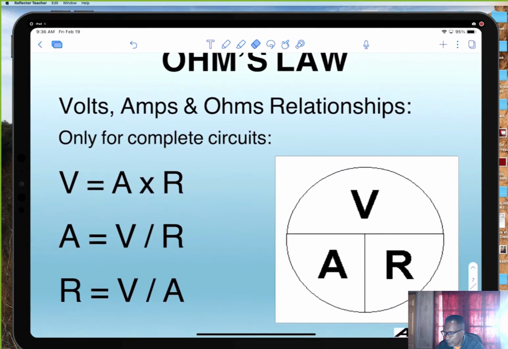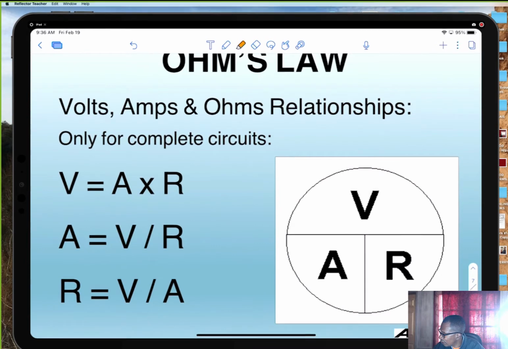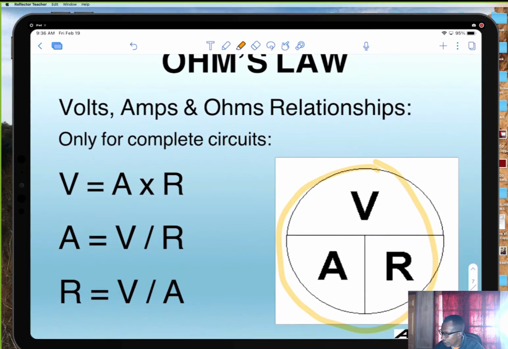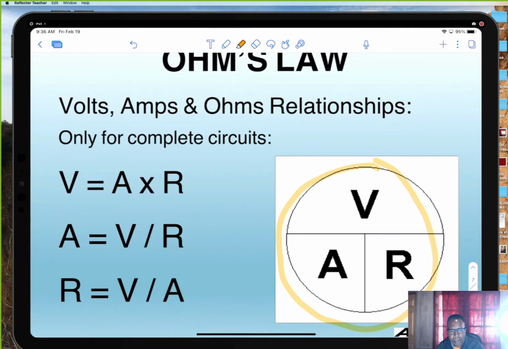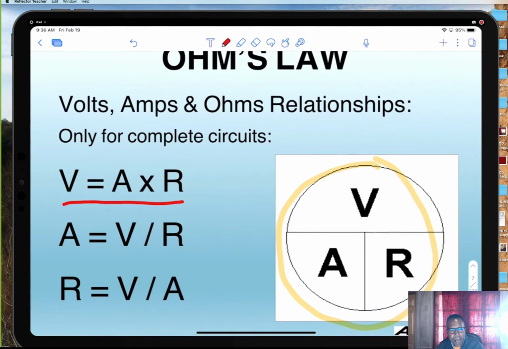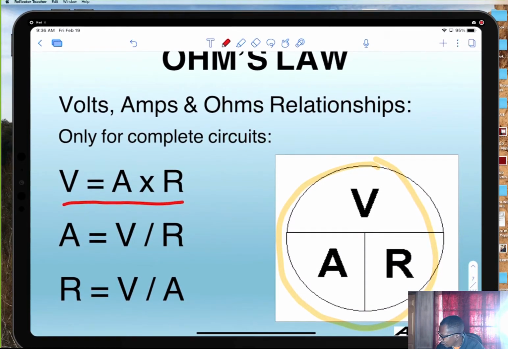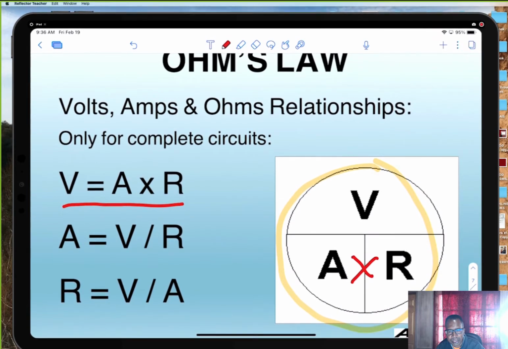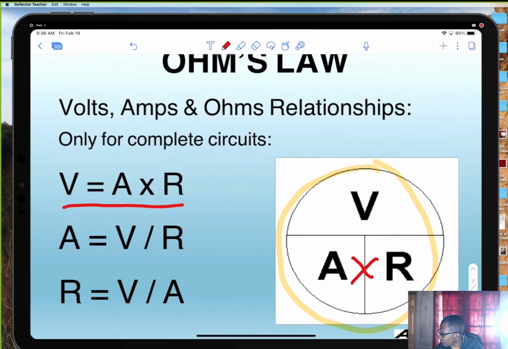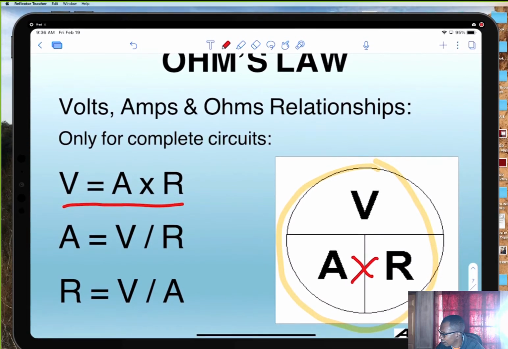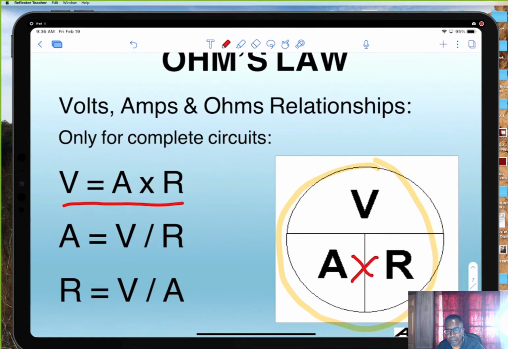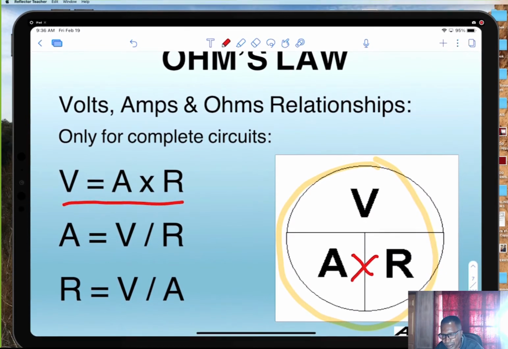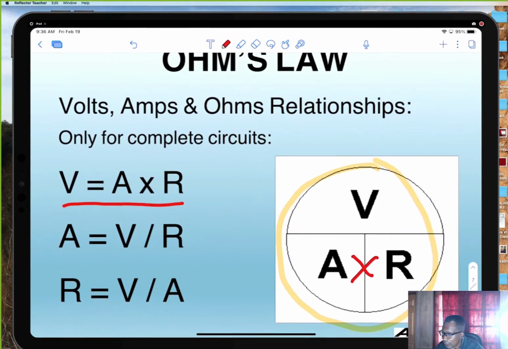Now, this picture is showing you the Ohm's law symbol, which relates to this. Voltage is amperage times resistance. So if I want to find out the voltage in the circuit, I'll have my amperage times resistance. Usually, if you have 2 known factors in the circuit and want to find the third, cover up the one you want to find out.